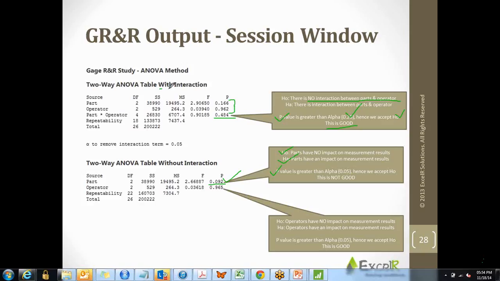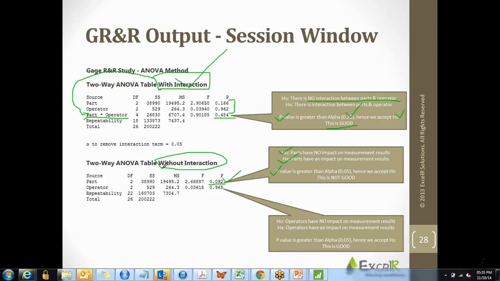So this table is with interaction. I'm looking into two different tables. With interaction means I'm focusing mainly on the interaction part only. Here is the interaction part. Part and operator, they both interact with each other. So this table is only for with interaction. Here I'm using without interaction.